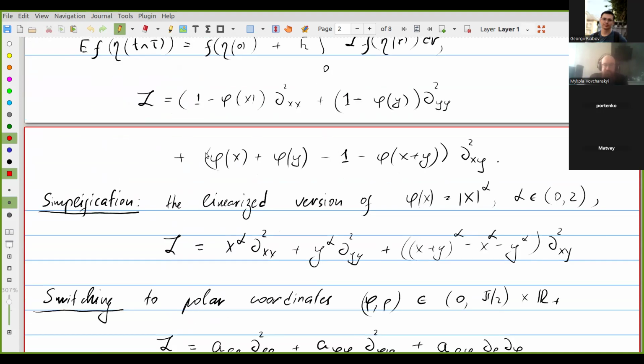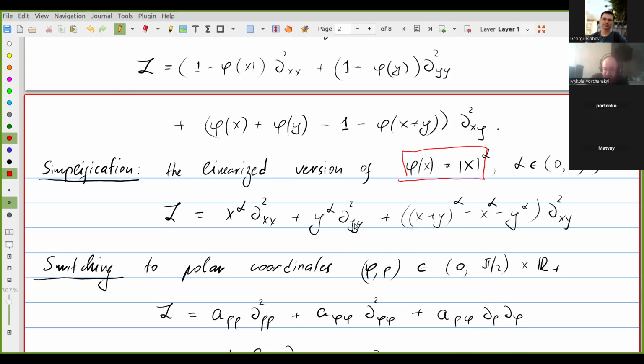So in the rest of the talk, I will consider a linearized version of this operator, because I hope that results obtained for this simpler version, where we exclusively consider this phi, can be transferred to the case of a general coefficient.